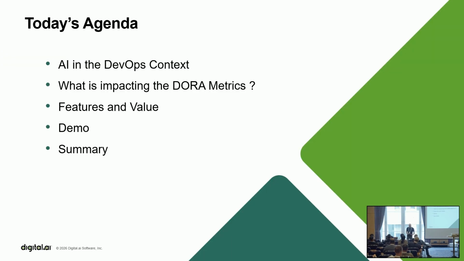First, I'm going to put this into the DevOps context. For instance, how would that fit in with something like DORA metrics? Then covering a little bit about the features and value. I will do a little live demo, so let's hope everything works and connectivity is fine. And then, closing the session.